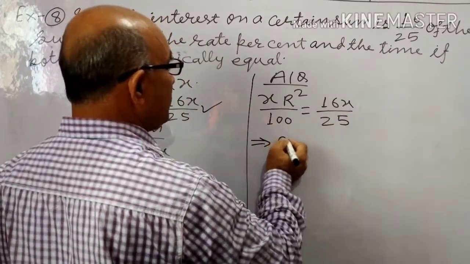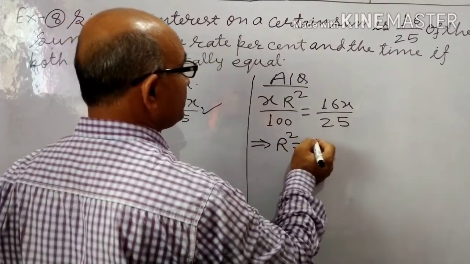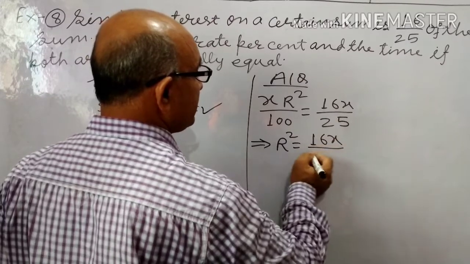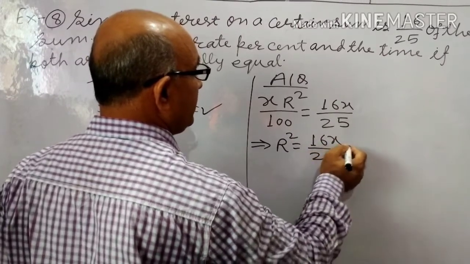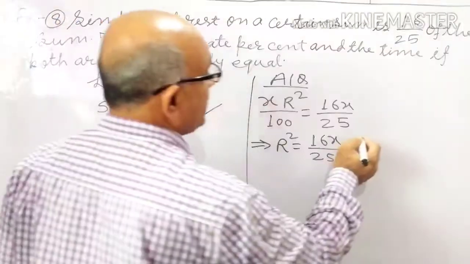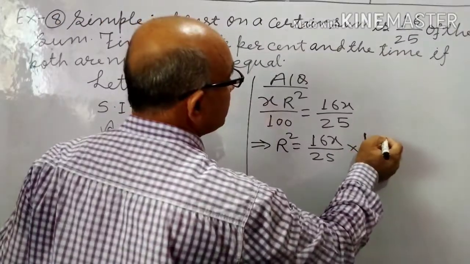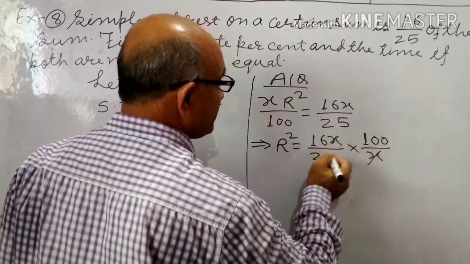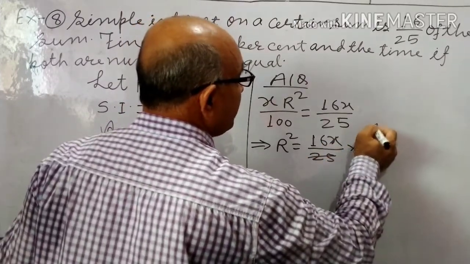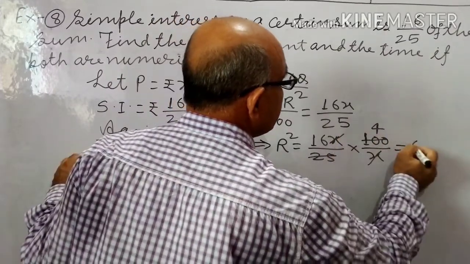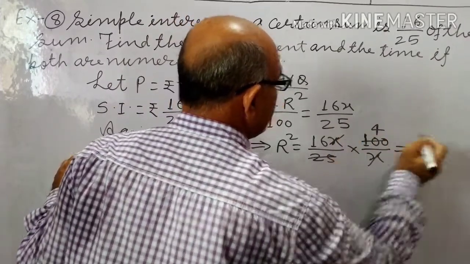That implies R square equal to 16x by 25 into 100 by x by transposition. x and x cancel. 25 fours are 100, and 16 times 4 is 64.